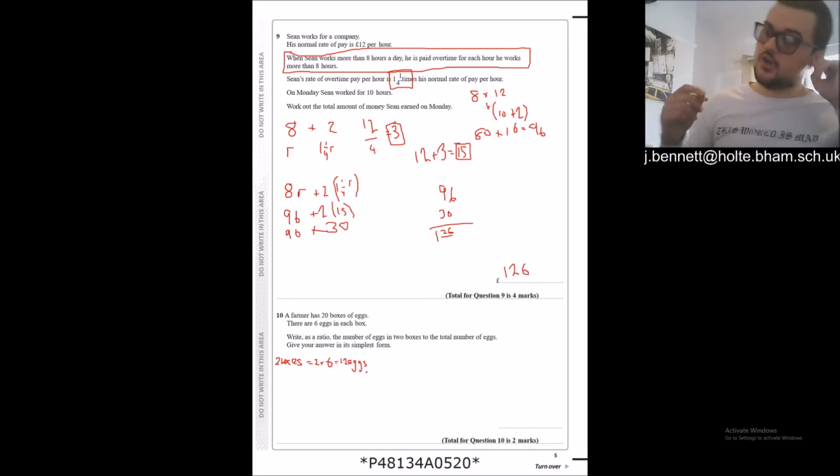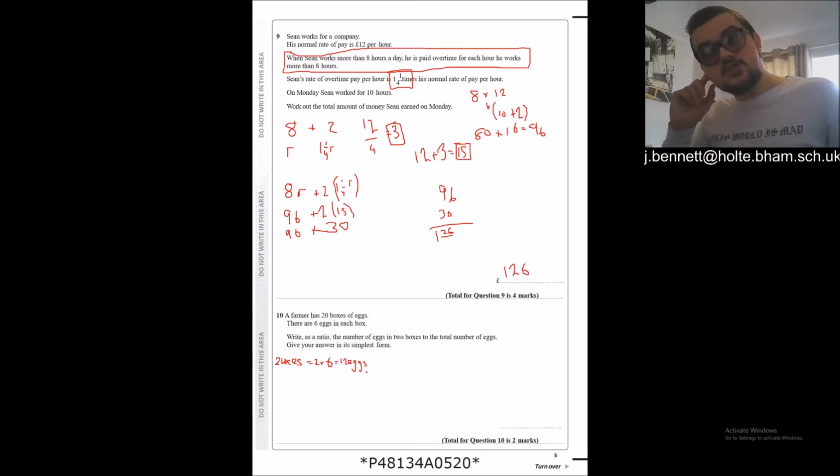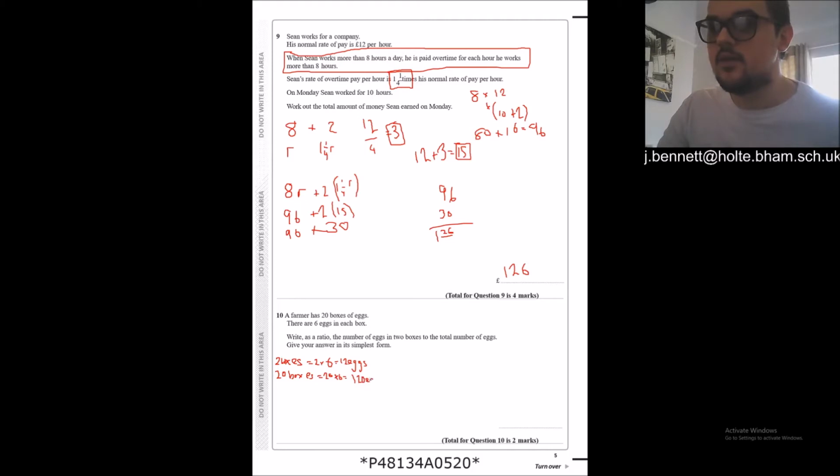The total number of eggs, so I'm guessing the total number of eggs is the 20 boxes, and if there are 6 eggs in each box, so it's going to be 20 boxes equals 20 times 6 equals 120 eggs.